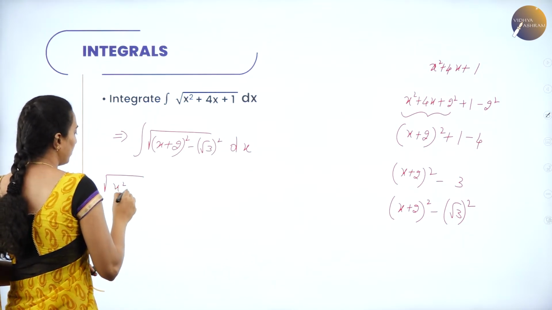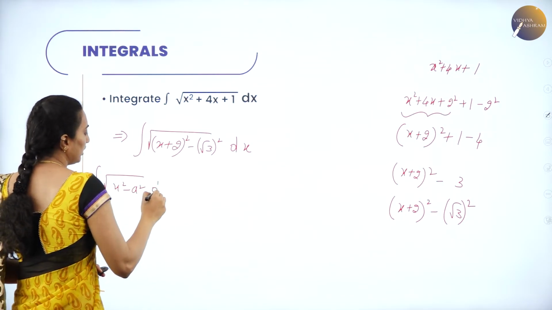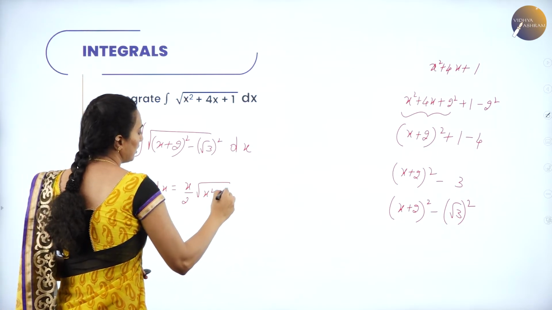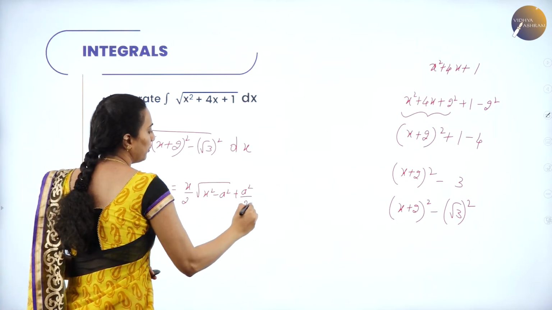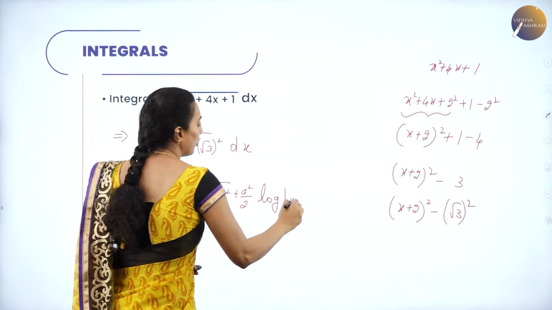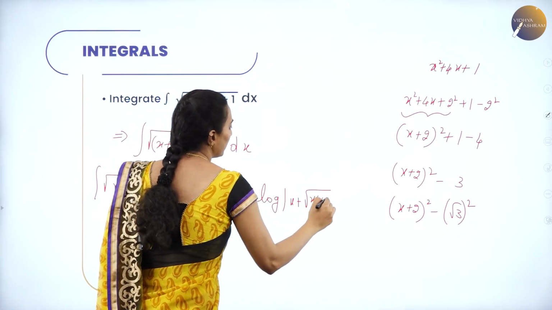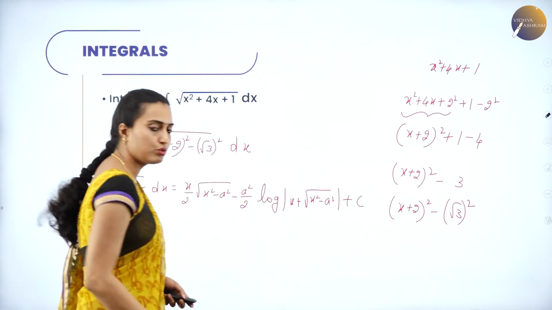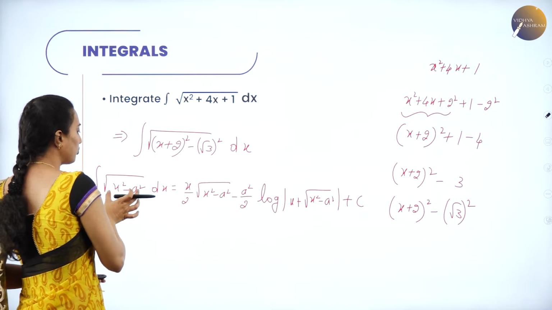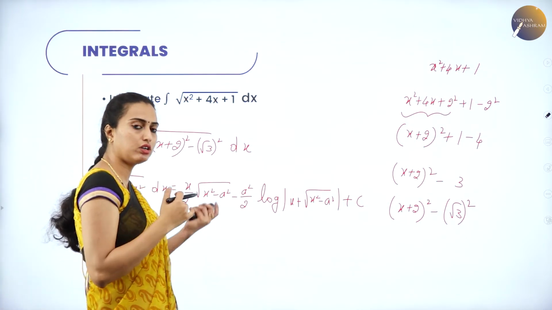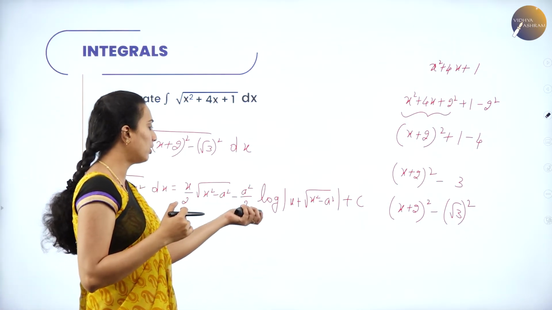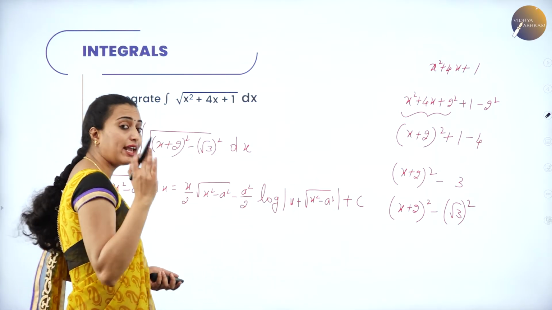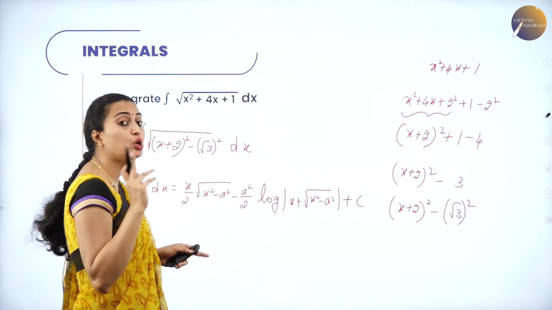Under the root x square minus a squared into dx is equal to x by 2 into under the root x square minus a squared, plus a square divided by 2 into log of modulus of x plus under the root x square minus a squared, plus c. Dear students, the formula goes like this. So here x replaces x plus 2, a replaces root 3.